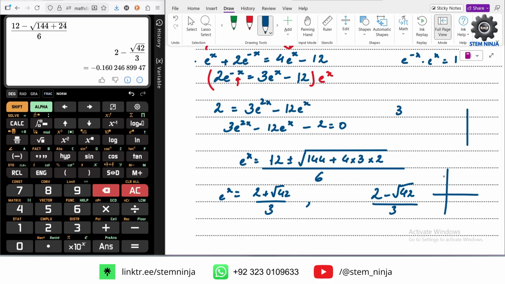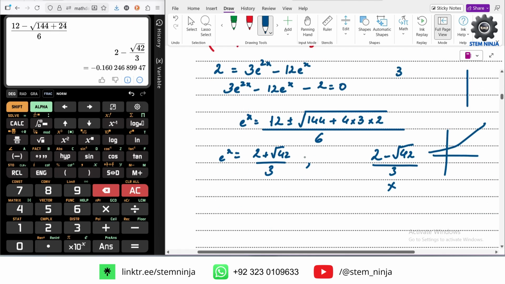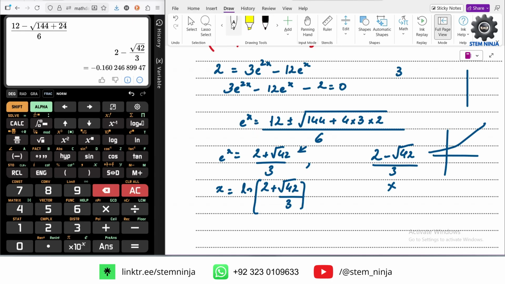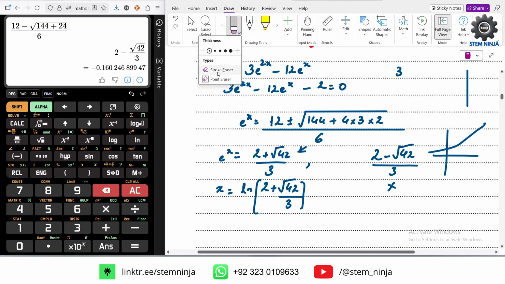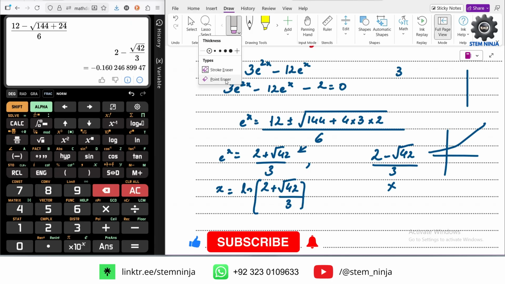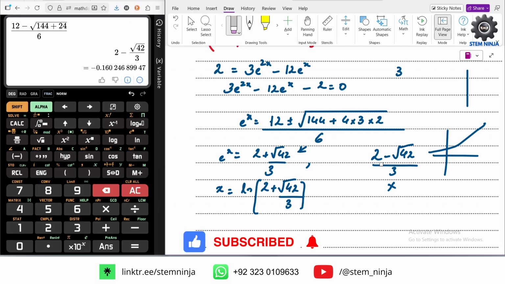Now the e^x function, it goes like this, so we can't have a negative answer, so all we need is to just take the ln of this option. So x is going to be ln of (2 + root 42)/3. Sorry, wait. Sorry, I accidentally wrote it this way.